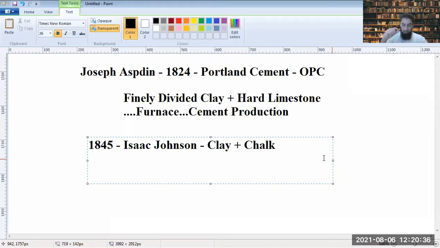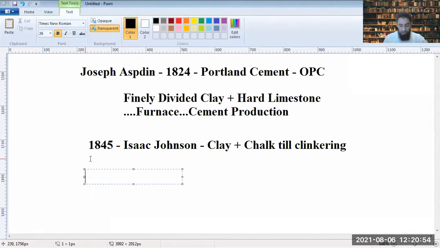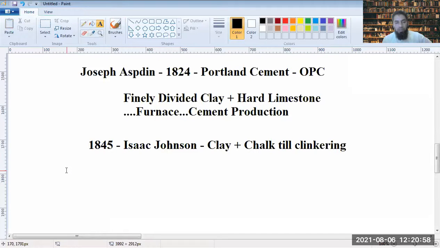This was taken through a process in the furnace till clinkering happened. Now, what is clinkering? I'll explain it as I teach you the methodology of how cement is produced.